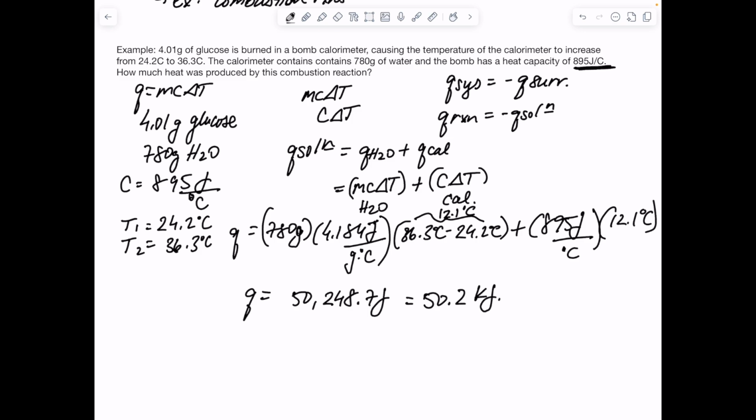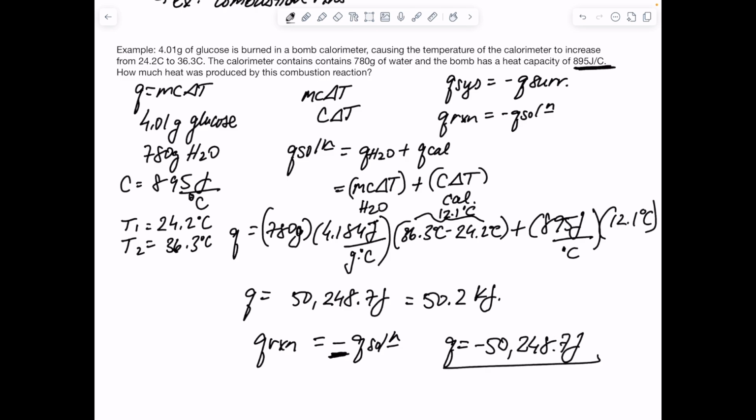Now, because Q reaction, or Q system, equals negative Q solution, or Q surroundings, we have to turn it into a negative value. So the answer is going to be negative 50,248.7 joules, or negative 50.2 kilojoules.